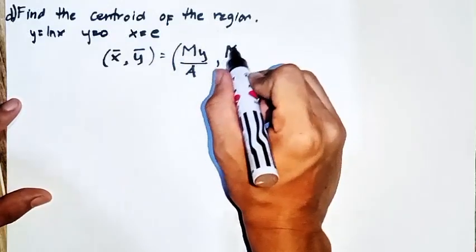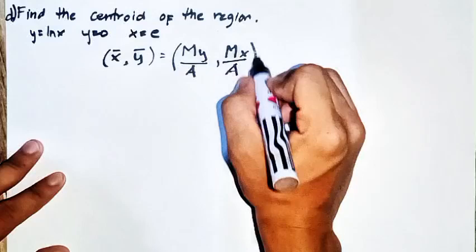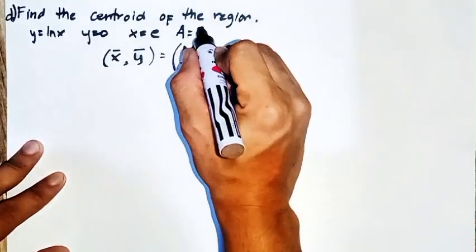To find the mean of x, we will use the moment about the y axis over A, where A is our area. And to find the mean of y, we'll use the moment about the x axis over our area. Again, we already calculated the area, which is 1.